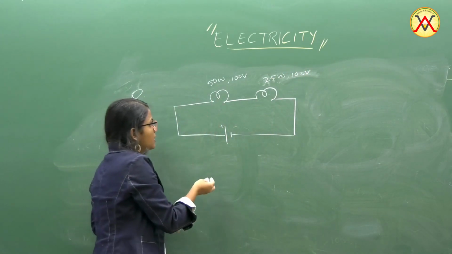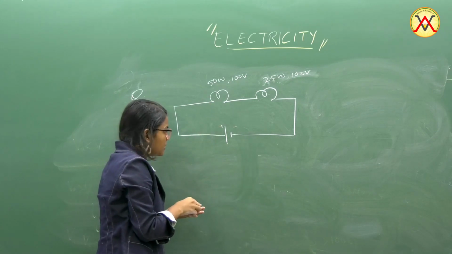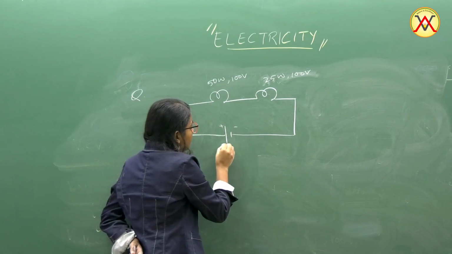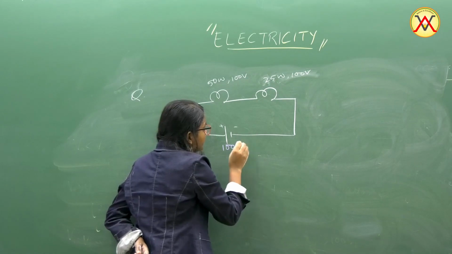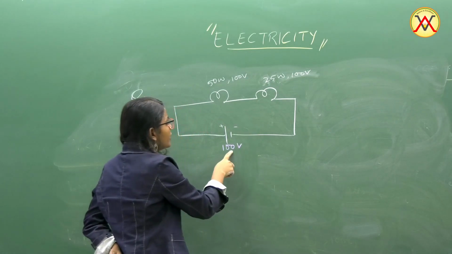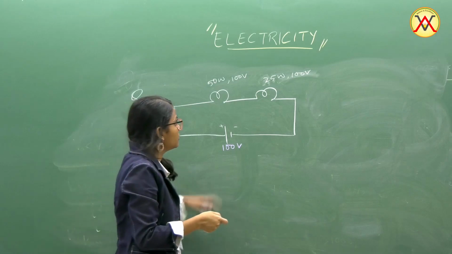Let's see if these two bulbs are kept over a potential difference of 100 volts in a series combination.